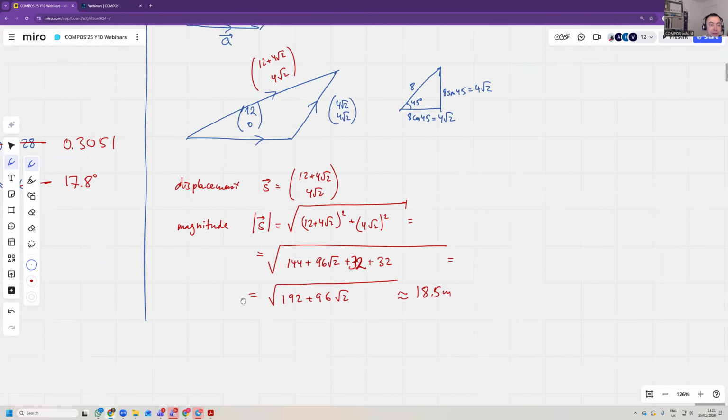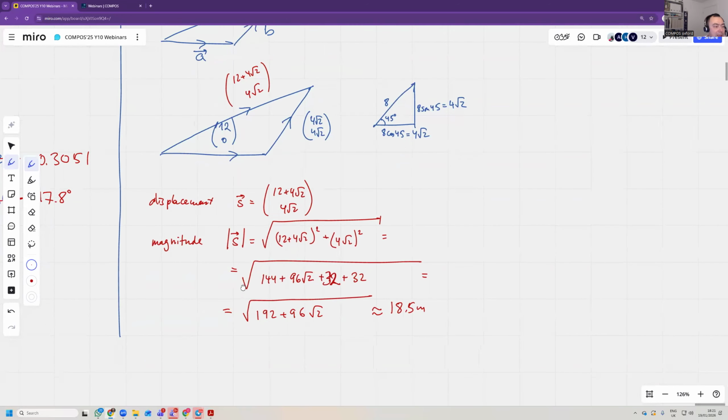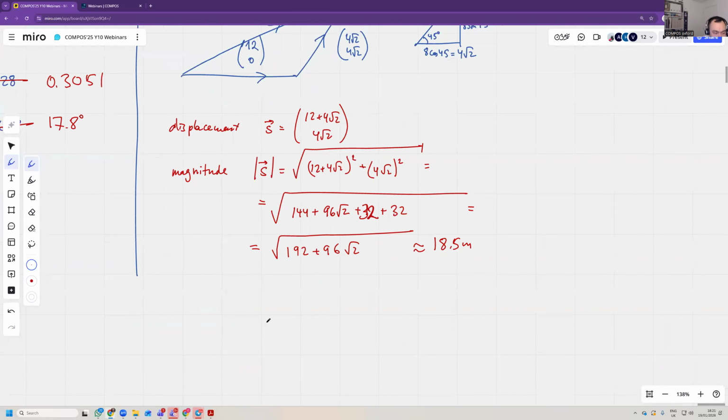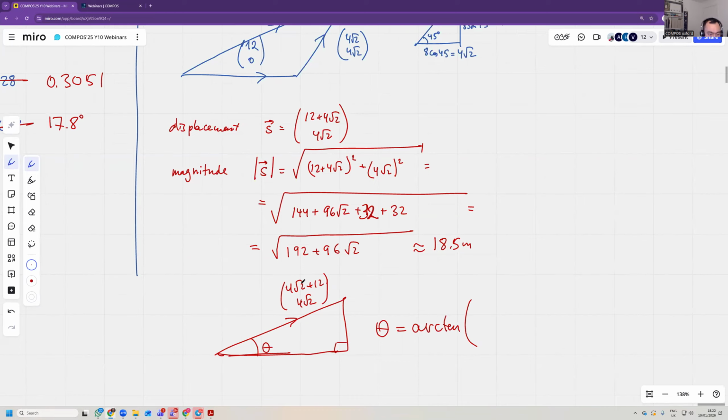So the magnitude is the length of the vector. And the angle, if you have a vector with coordinates 4 root 2 plus 12 and 4 root 2, then the angle is actually the tangent, so theta is arctan of y divided by x. So 4 root 2 divided by 4 root 2 plus 12.